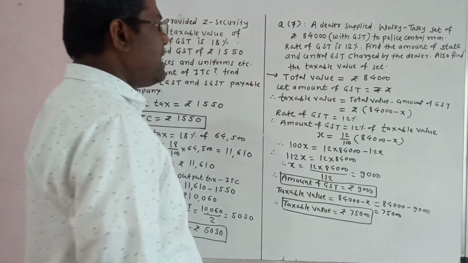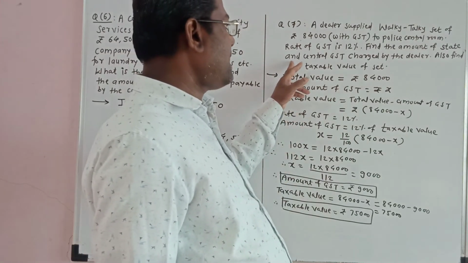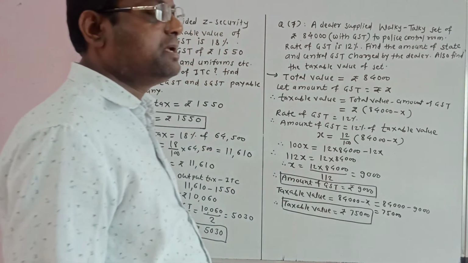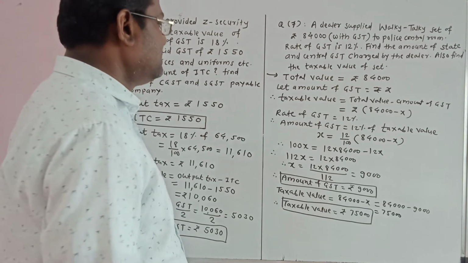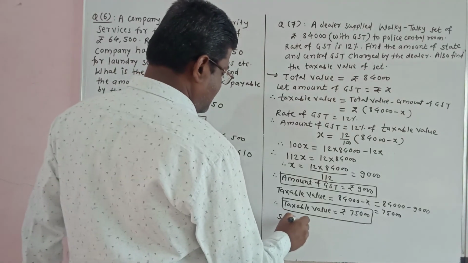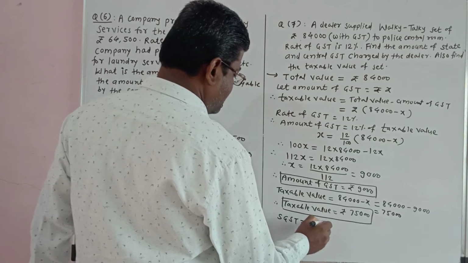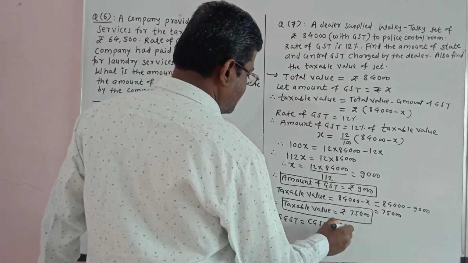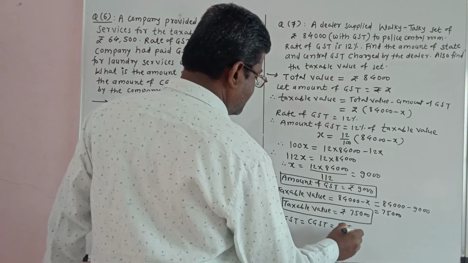Now we have to find state and central GST, meaning SGST and CGST. SGST is equal to CGST is equal to GST upon 2.